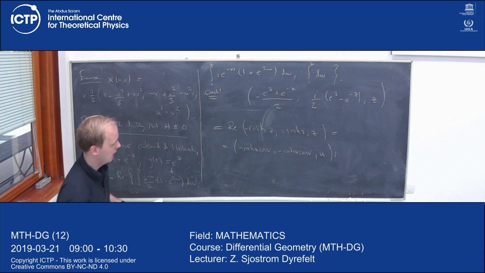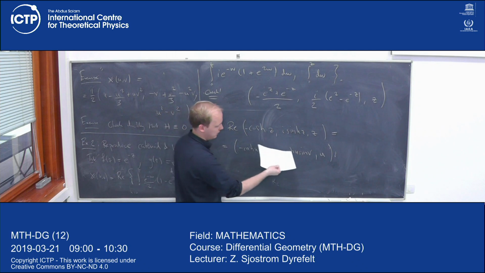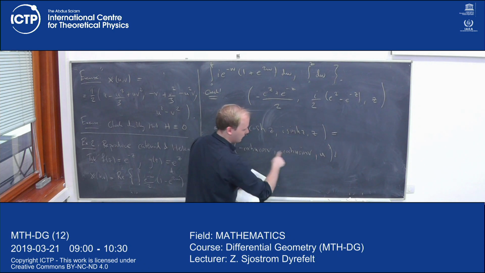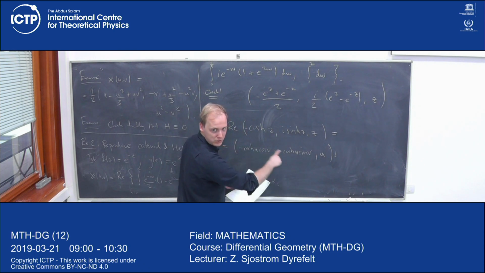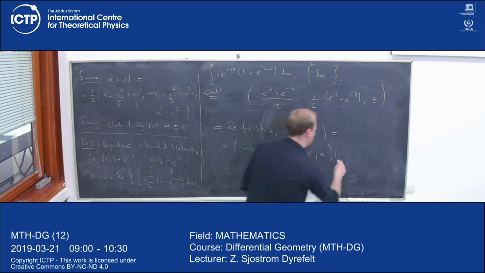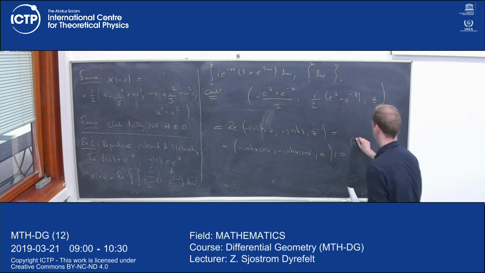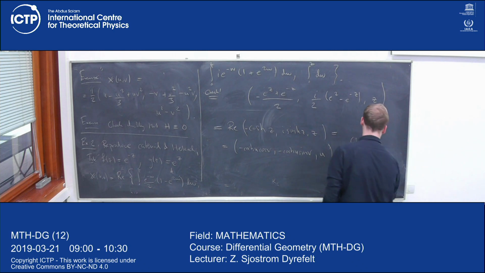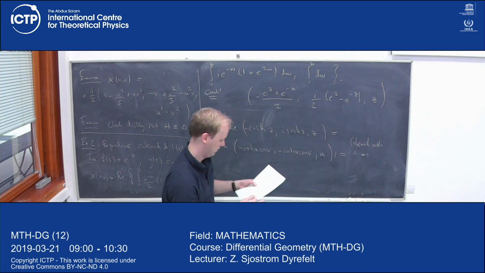Okay? And now when you have something like this, cosine v, sine v, you start seeing that this is a surface of revolution, and this is actually equal to the catenoid if a equals 1.